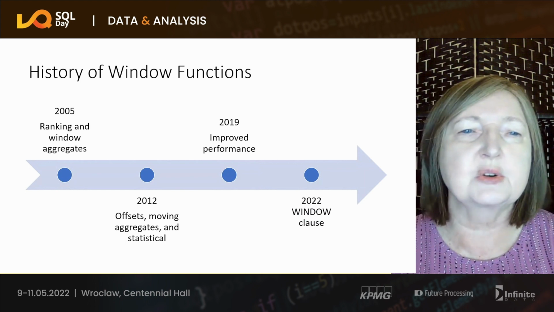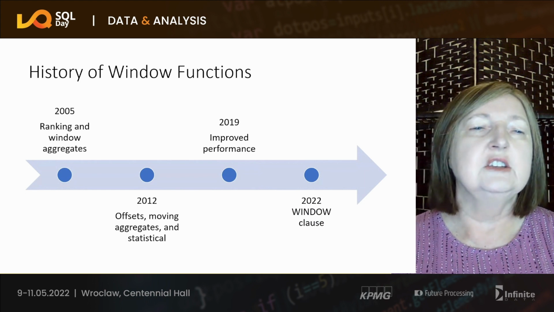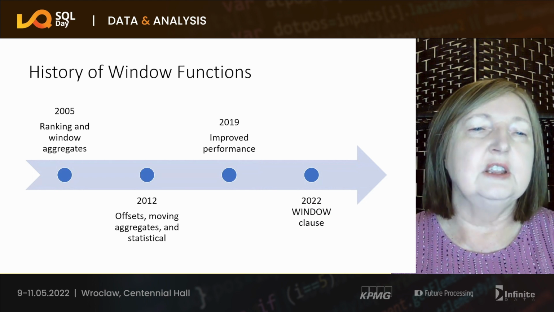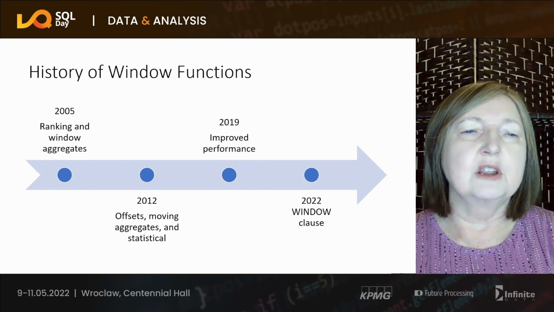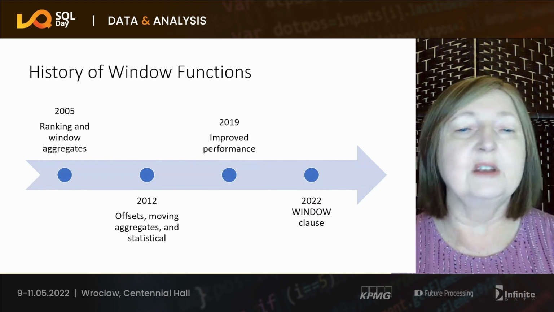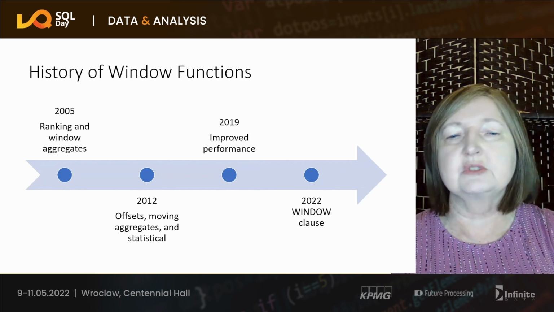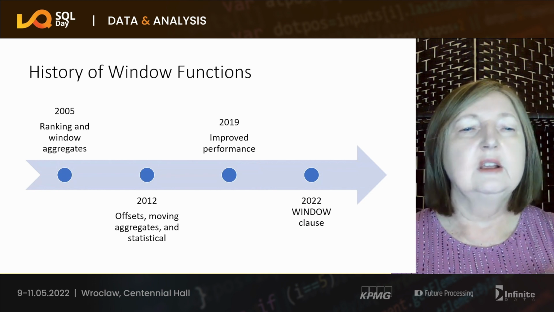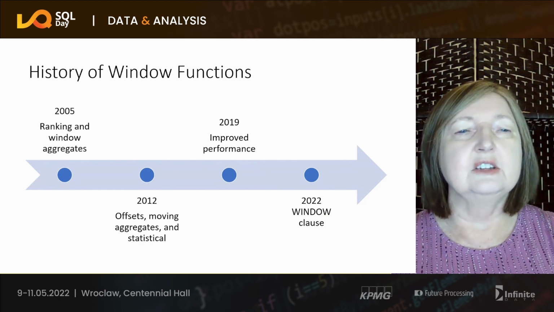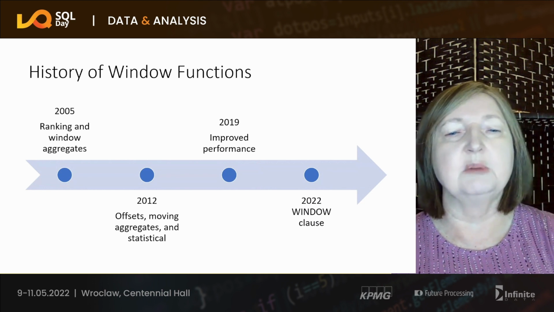This is a brief history of window functions. In 2005, the ranking and window aggregates were around, and at that point, I didn't even know there was something special. I just knew I was using them, ROW_NUMBER especially.